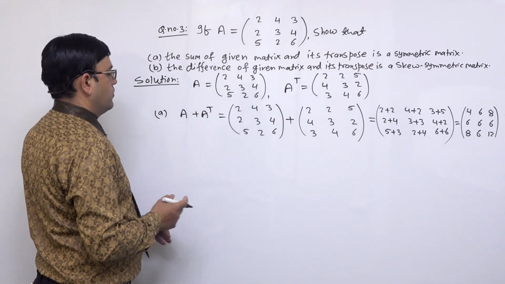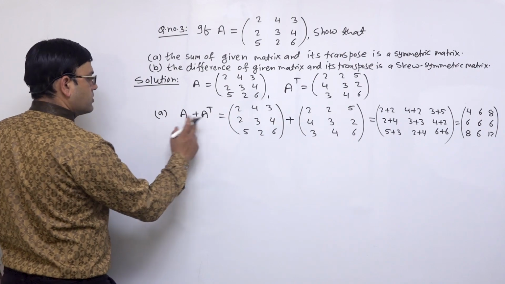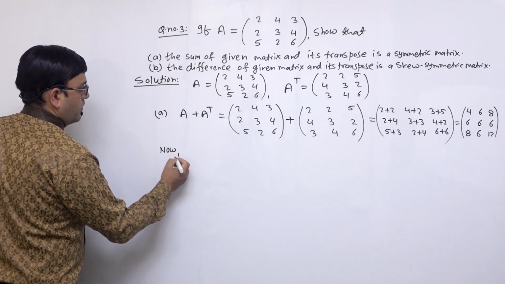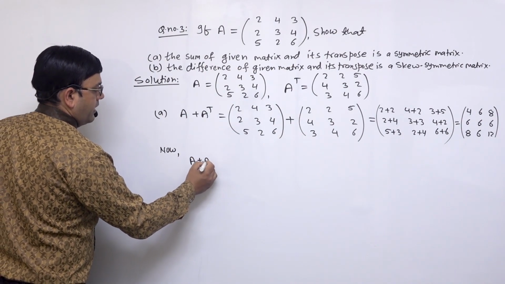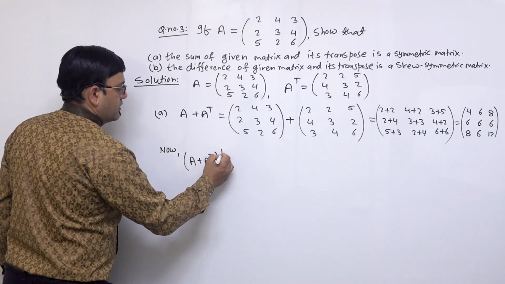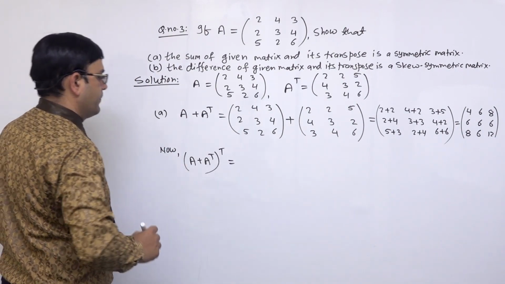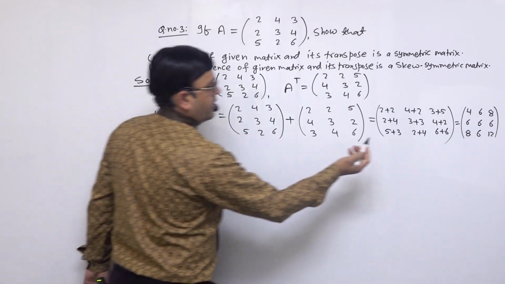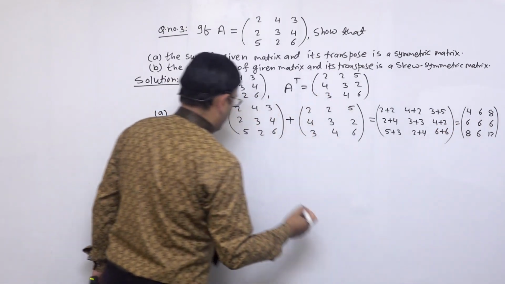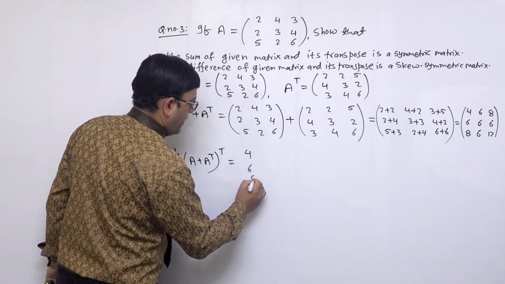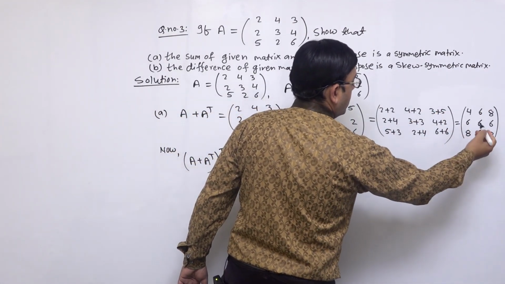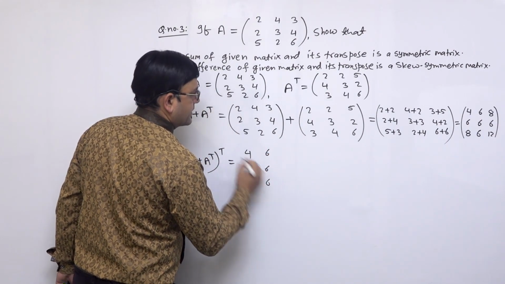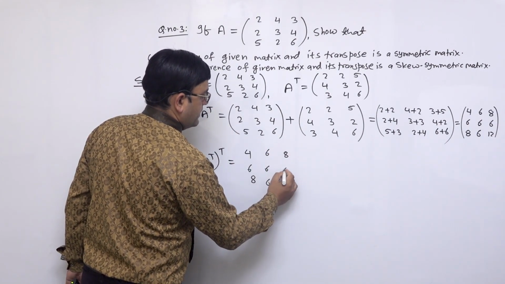Now we have to find the transpose of this one. The transpose of A plus A transpose: here there is 4 6 8, so we have to write 4 6 8 from row to column, and then 6 6 6, and then 8 6 12.